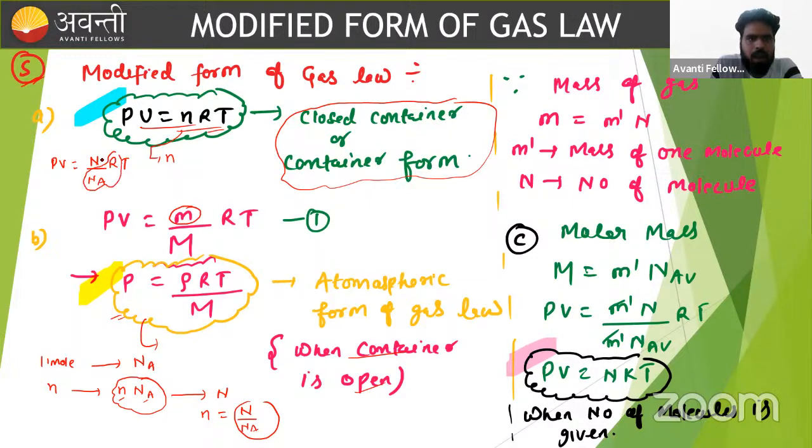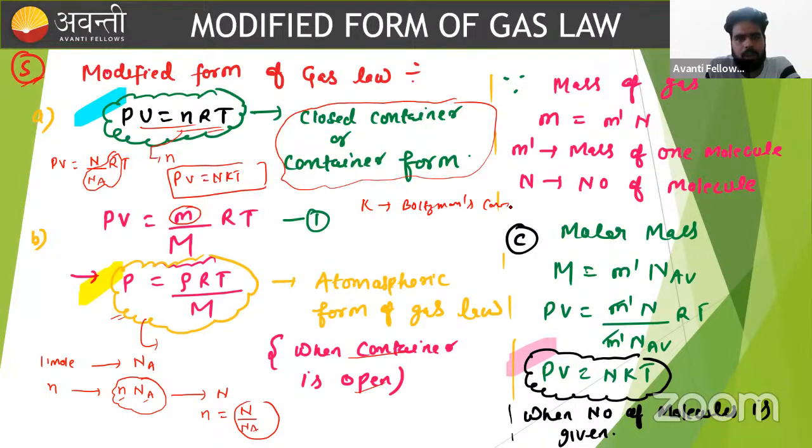Here R upon the Avogadro number is known as the Boltzmann constant. We have to remember this. R upon the Avogadro number is known as the Boltzmann constant, and that is represented by the letter K. I hope this is clear for everyone. This equation is another, third form of the equation: PV equals NKT.